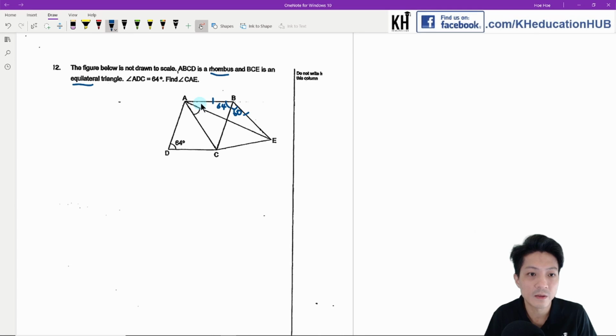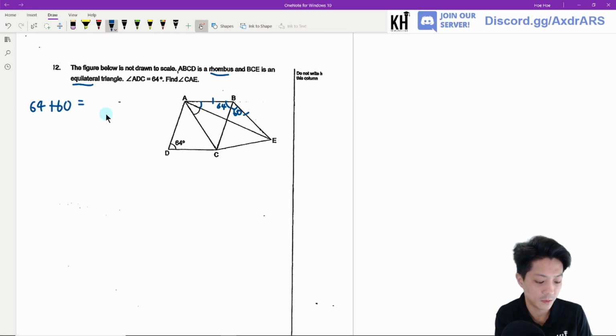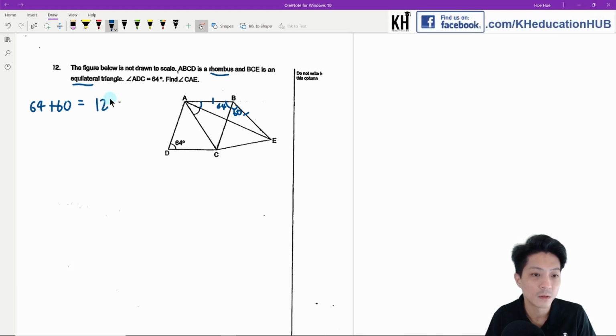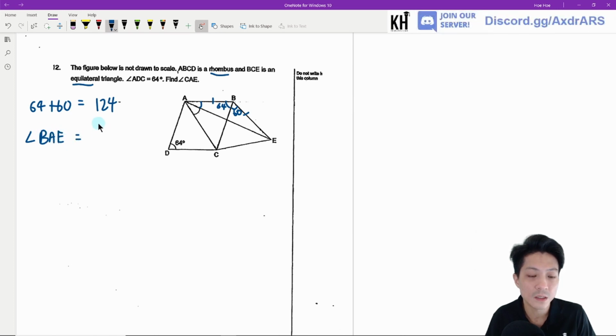Which means that I can find this angle over here. 64 plus 60 is equal to 124, and then to find angle BAE, I need to use 180 minus 124, divided by 2.